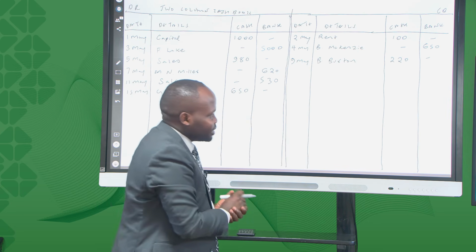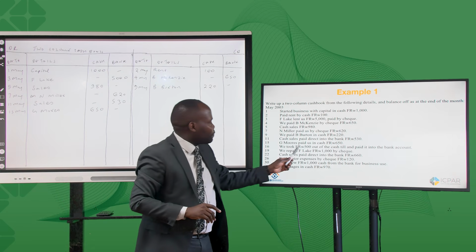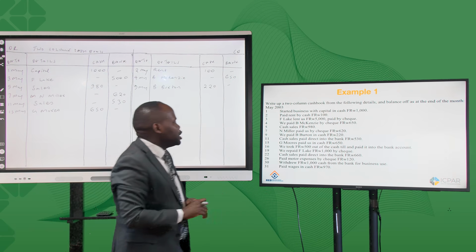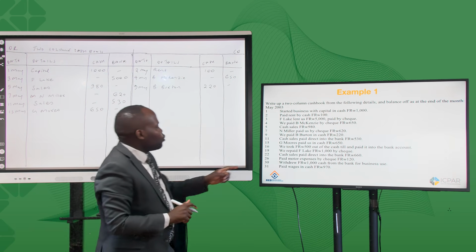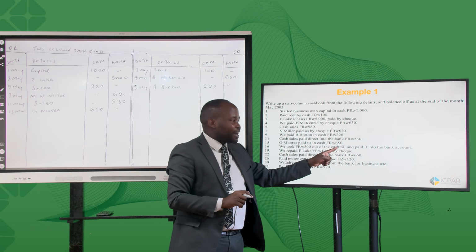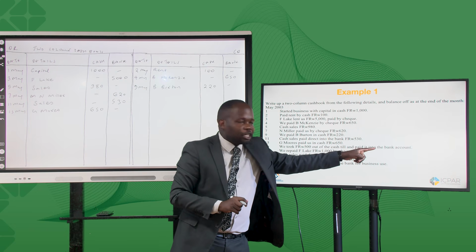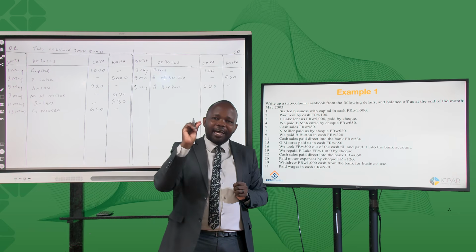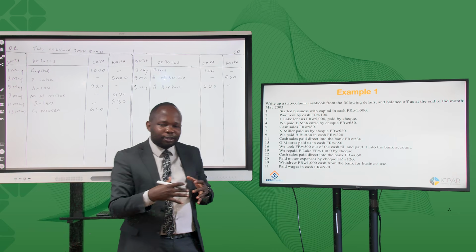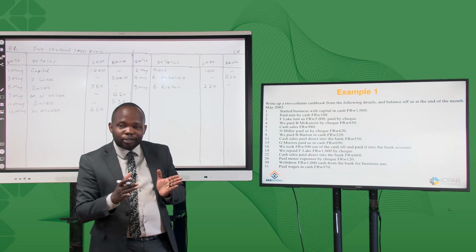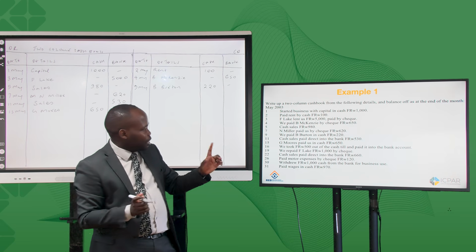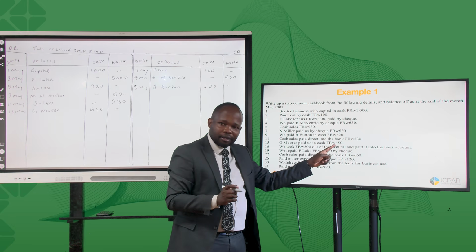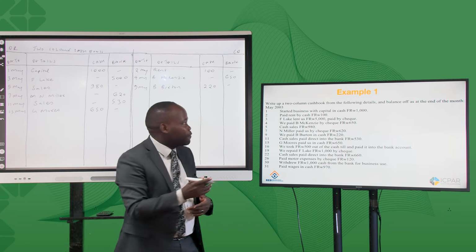650. Next, we took 500 out of the cash till and paid it into the bank account. We removed 500 from the cash and paid it into the bank. This is an example of what we call a contra entry. A contra entry is an entry that affects both the receipt and payment. Let's read it again. We took 500 out of the cash till. So we removed 500 from the cash.